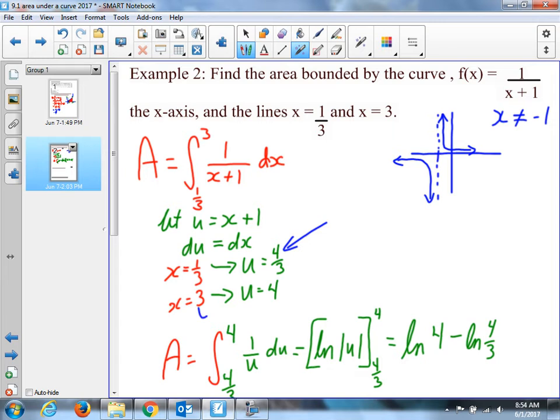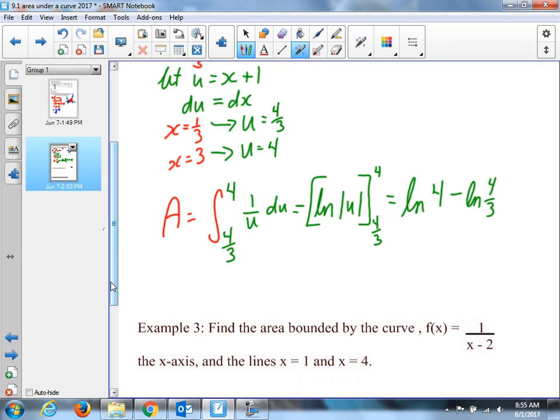When we added 3 plus 1 to get 4 here? As long as you do that u equals step for your two values, you're just getting a number. So you shouldn't have x's in your final answer. You with me, kind of? Yeah. Definite integrals, you don't have to backward substitute, if you've done this step correctly.